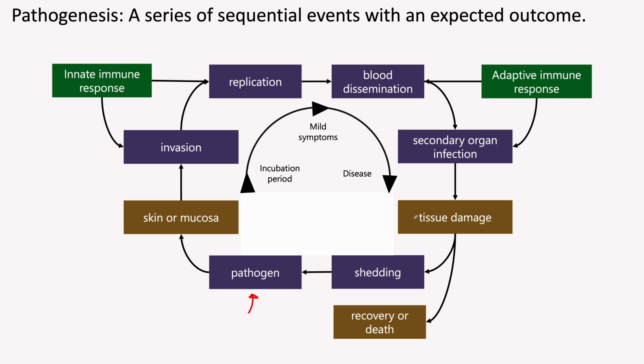Notice that in the center, there are some periods of the diseases that we are going to be seeing in the next slide. For example, during the primary infection, when the pathogen is in the skin or mucous membranes, or is invading, starting the invasion, and even the first replication phases, we may have no symptoms or very mild symptoms.